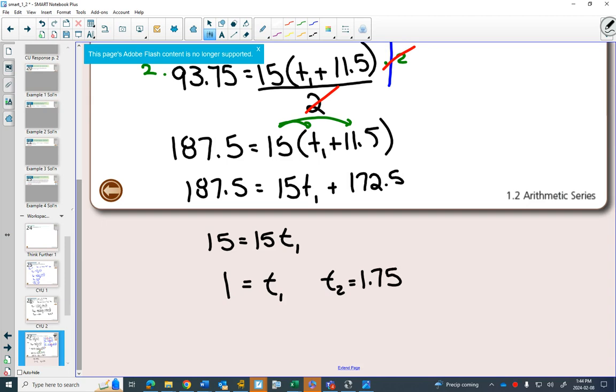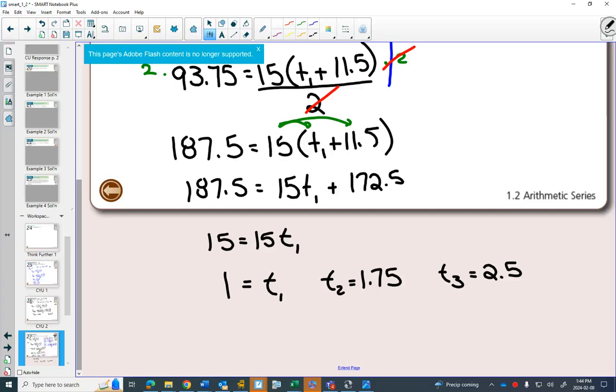Term 2 then would be 1.75 because they already told us that D was 0.75. And term 3 would be 2.5 because we knew that D was 0.75.